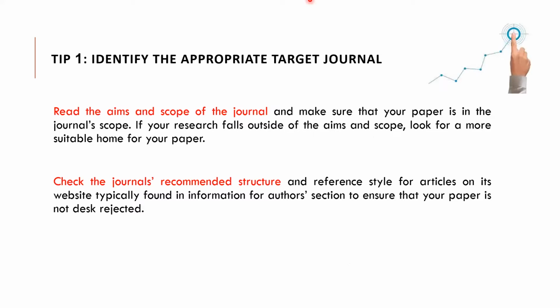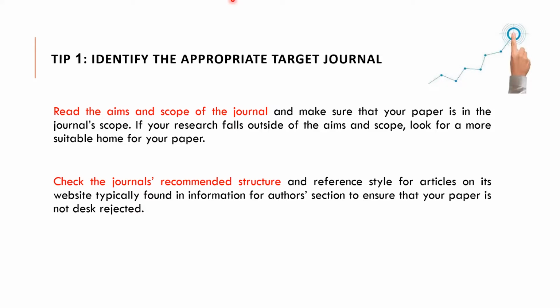So the first thing you need is to be very sure to identify the appropriate target journal. The first step when you're trying to choose the right journal is to find the aim and the scope of the journal, to make sure that your paper is in the journal scope.